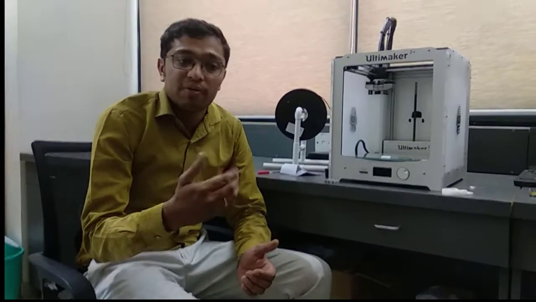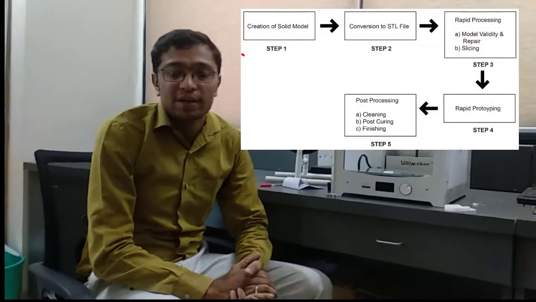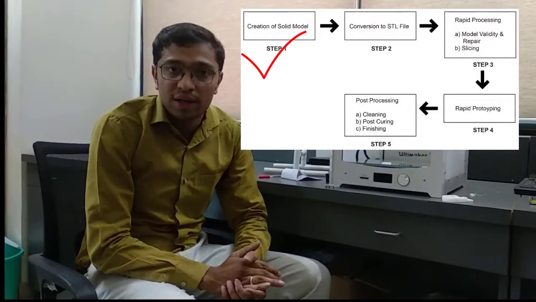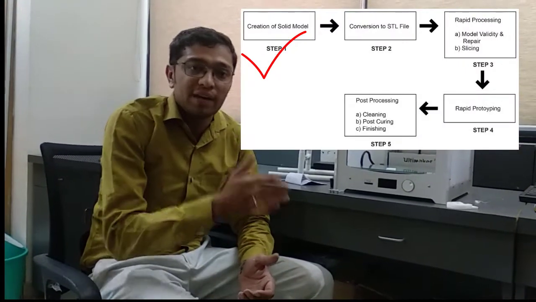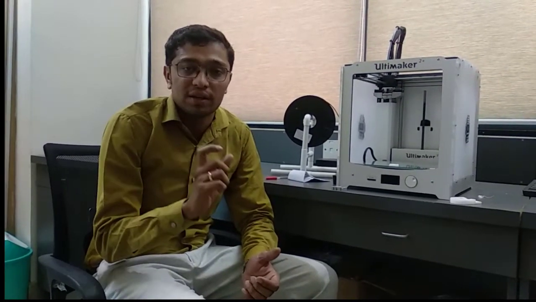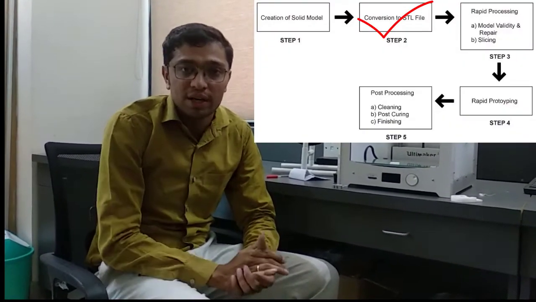Basically, in the theoretical part, the first step is to make a product design, right? You can use any software, but the language that 3D printing understands is STL, Standard Triangulation Language, right?